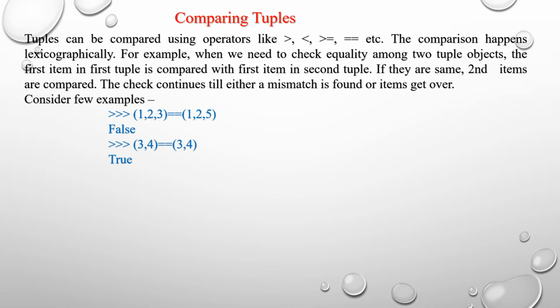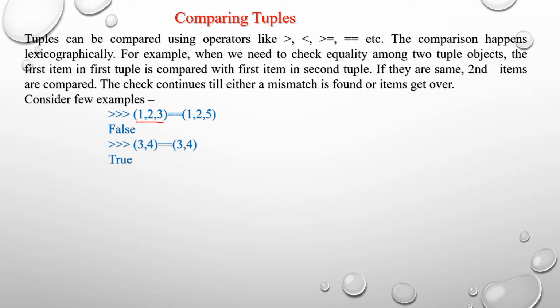If they are the same, the second items are compared. The check continues till either a mismatch is found or the items get over. So let's consider one example. So here, this is my first tuple. The first tuple's items are 1, 2, 3.